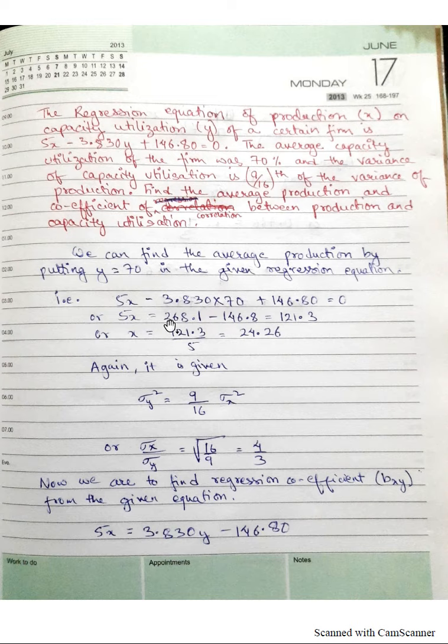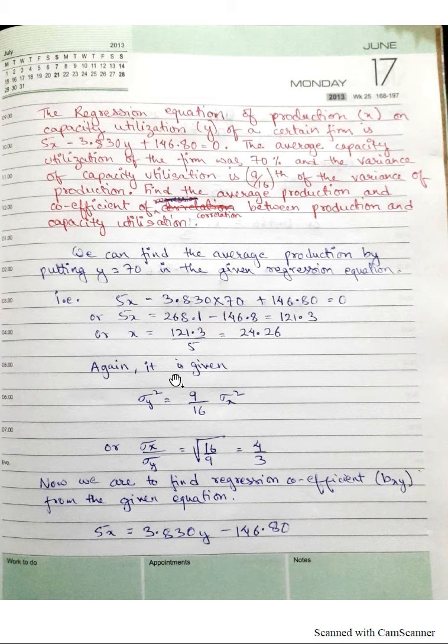So 5x is equal to 268.1, we multiply it and take it to the other side, plus 146.8 goes to the other side, it becomes minus 146.8, so 5x will be equal to 121.3. We simplify this, and x will be equal to 121.3 divided by 5, which is 24.26.